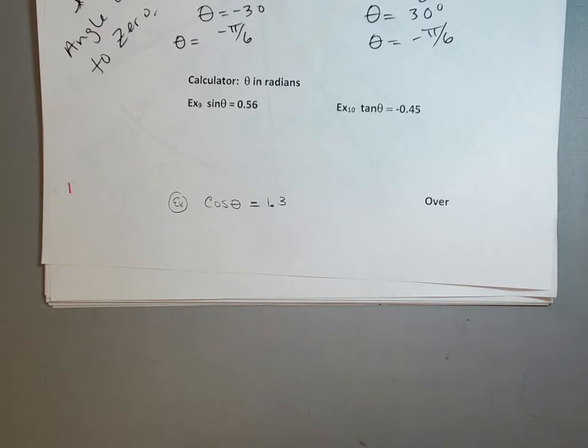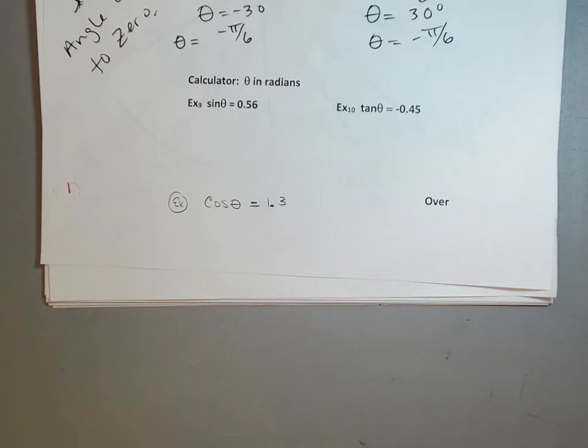Okay, now calculator. If we want to do this in terms of radians, we're going to get an angle, but it's going to look weird because it's not going to look like an angle. Before we do this, pi, that's an angle, okay? What is pi? 3.14, that's an angle.